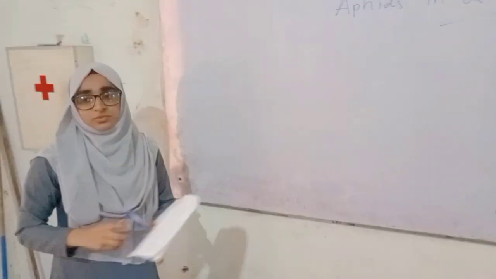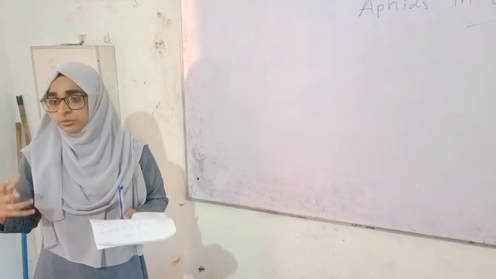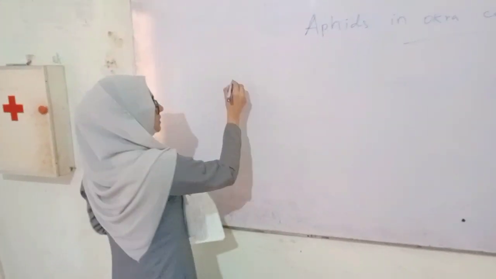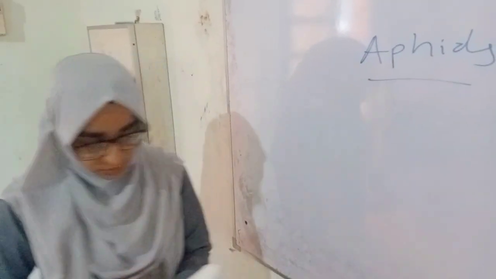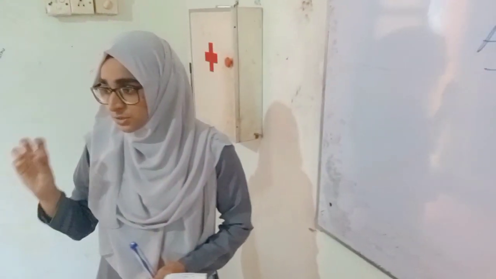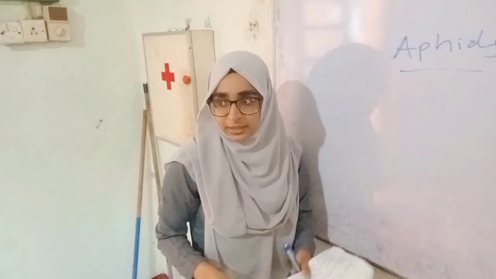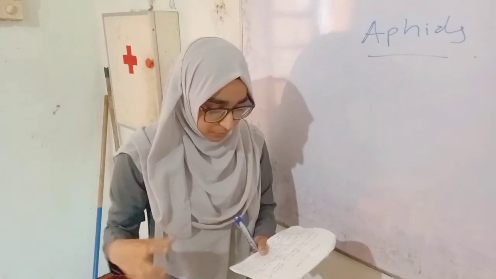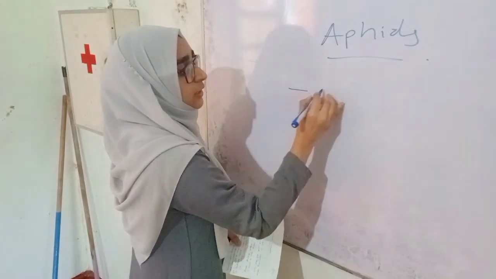Now we are going to see what aphids are and how to identify aphids, for farmers and agriculture students. Aphids are small insects with small shiny bodies, in lots of colors such as green, yellow, black, brown, red, with soft bodies, belonging to the order Hemiptera.